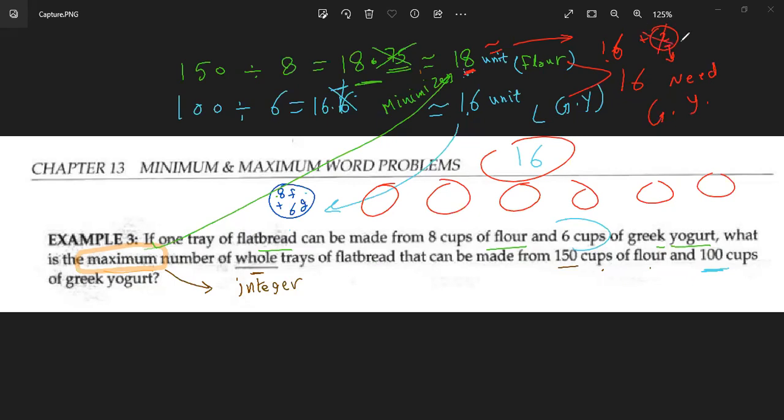So this will be saved for next time when they make bread. Okay, so the problem answer is 16 whole flatbreads.